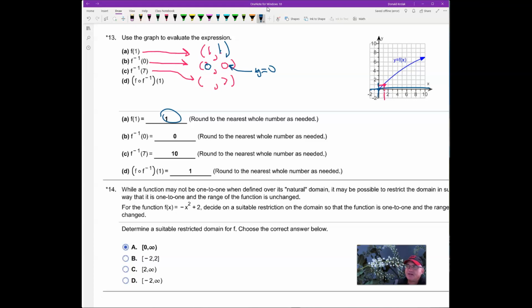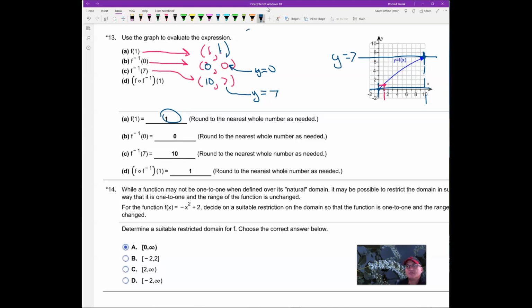Okay, C now, to get C, the y is equal to 7. So I go to 7, I draw a horizontal line. That's y equals 7. And where does the graph touch it? What's the x-coordinate where it touches it? Which would be 10.